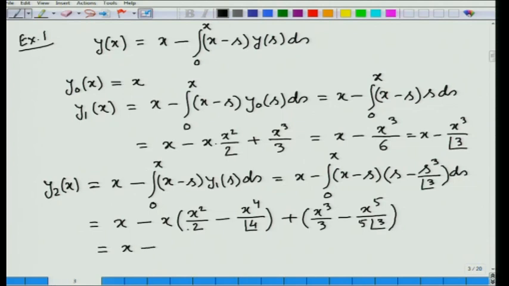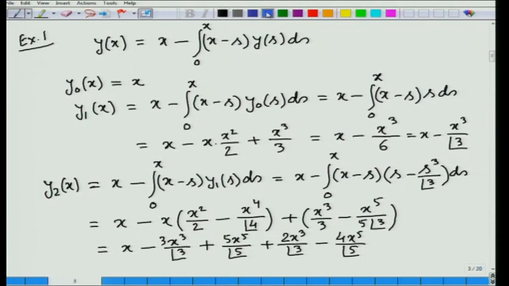I am writing all these terms in a systematic way. This is x cube by 2, we can write x cube by factorial 3, then plus here we can write 5 x to the power 5 by factorial 5, with the denominator coming out to be factorial 5, plus 2 x cube by factorial 3 and minus 4 x to the power 5 divided by factorial 5.